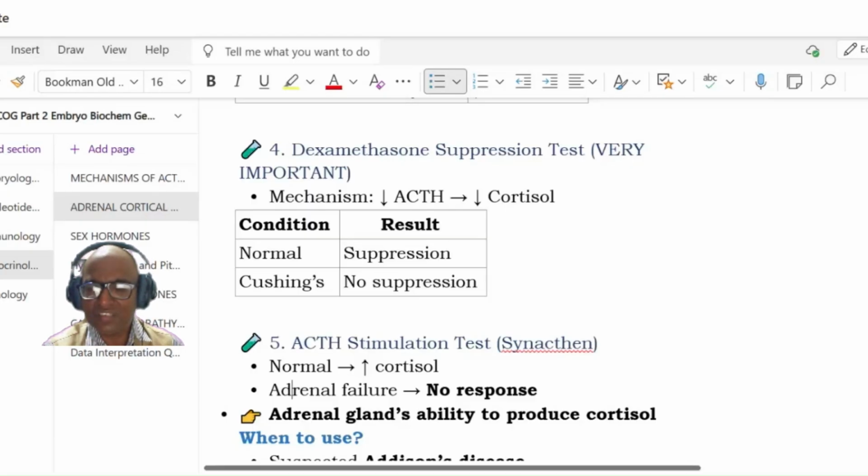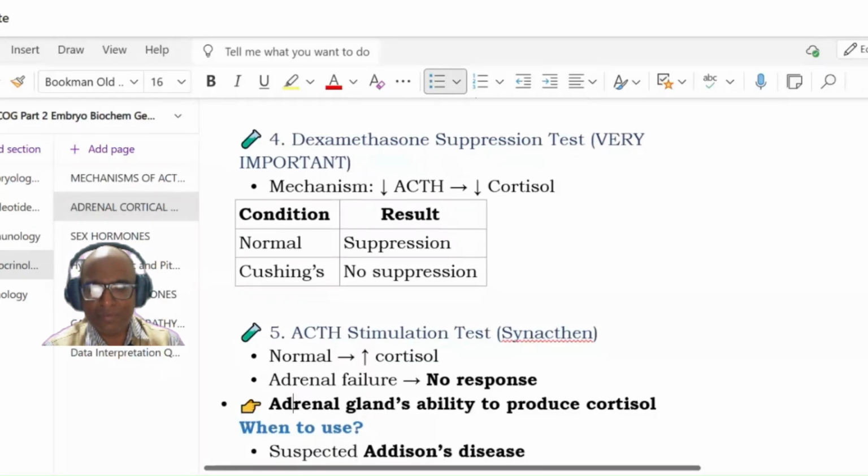Last time we discussed this along with the ACTH. Okay, so basically this DEXA suppression test will lead to a decrease in ACTH levels and will reduce the cortisol. That is the normal response. However, in Cushing's, if there is a pituitary adenoma, there is no suppression. Okay, so this is what you have to remember.